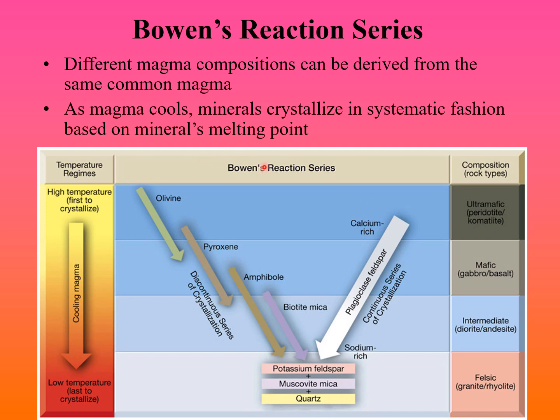So one magma at the very top here, before anything started to crystallize, was just a magma with a bunch of elements in it. And then as it cools, its composition will change. And at this point, we would call this an ultramafic magma. At this point, we would call it a mafic magma, intermediate magma, and then felsic magma, right?